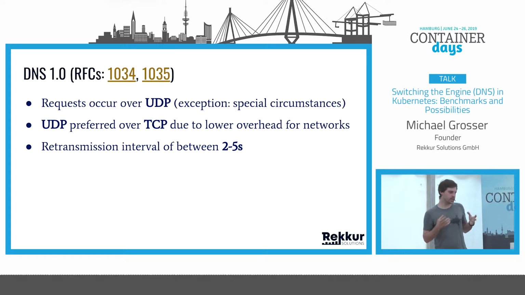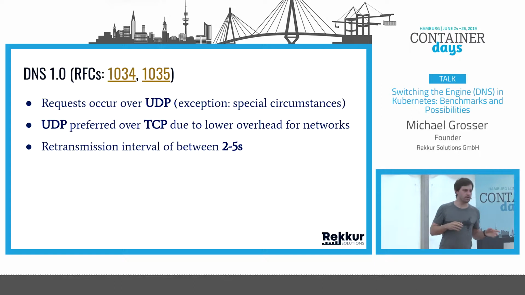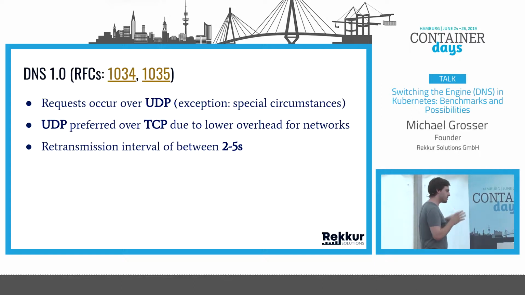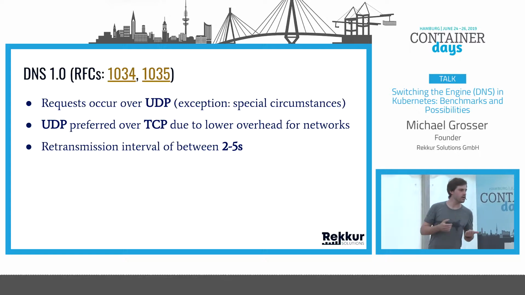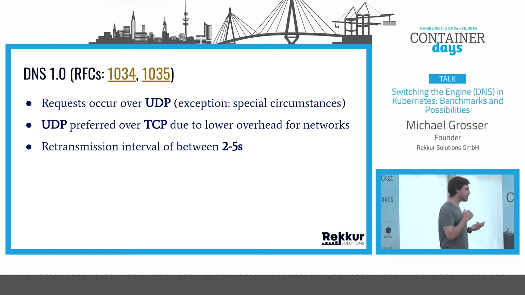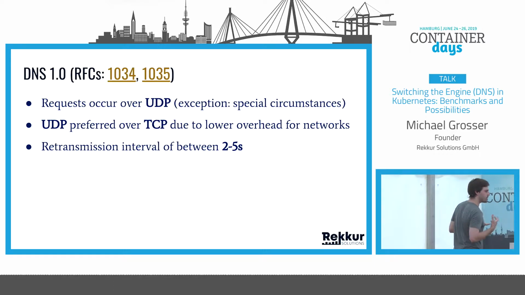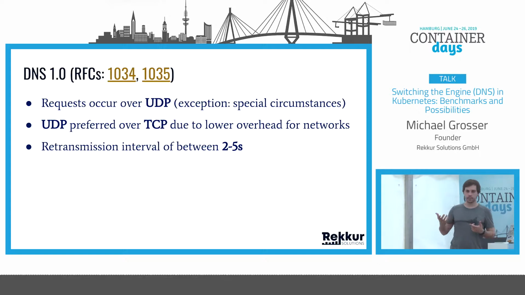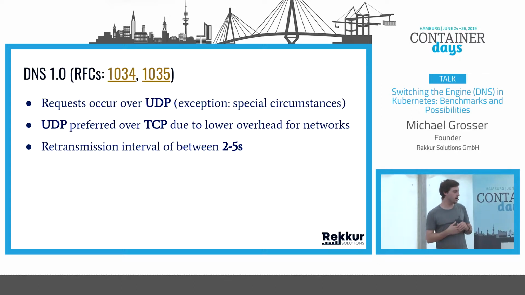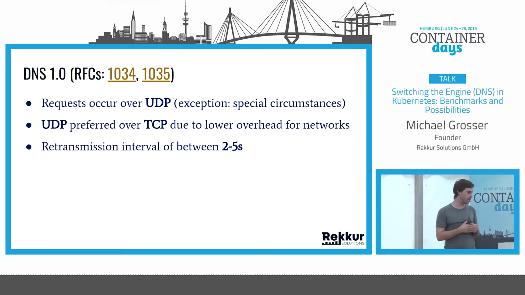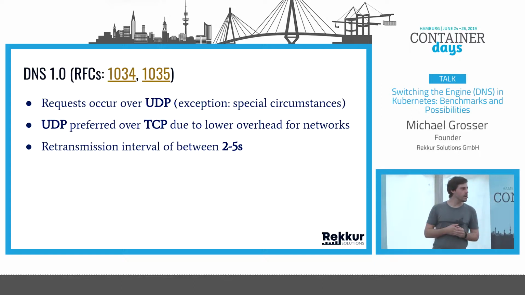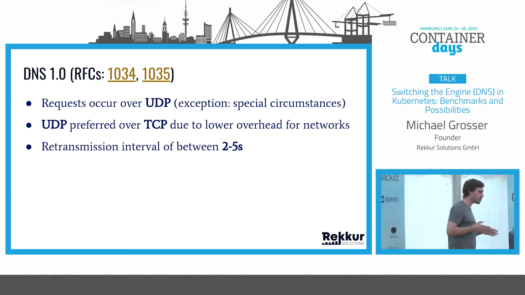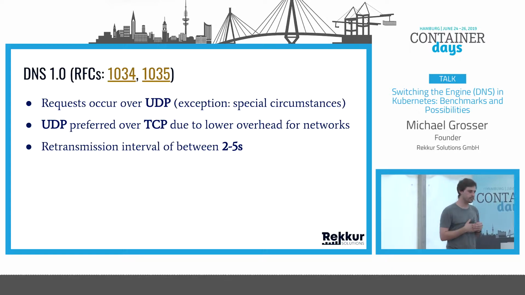Especially RFCs 1034 and 1035 specifically ask implementations to let requests only occur over UDP. And secondly, the preferred way is always UDP. That was basically the reasoning, as we said, to lower the overhead for networks. And the retransmission, also for lowering the overhead, was 5 seconds, or at least 2 to 5 seconds.